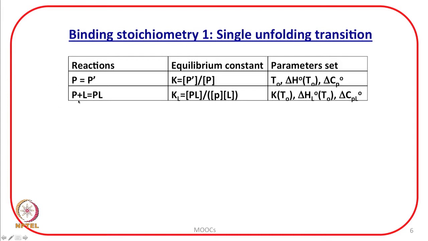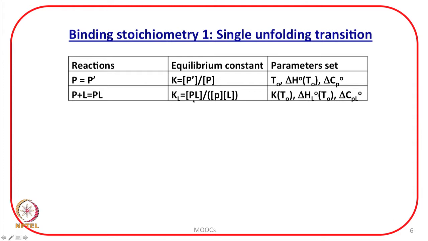And when this protein is associated with a ligand, then what we have is P plus L is equal to PL. The equilibrium constant KL, this is what you will be interested in.